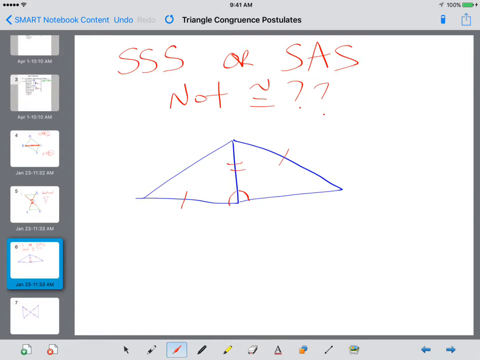And since there's already been one tick mark, I'm going to mark this middle one with two tick marks, meaning that I've got a side, angle, side in the left triangle. But the right triangle, when I start at that corresponding side, it goes side, side, angle. So you might notice that you have two sides and an angle, but they don't go in the correct order. So these two triangles would not be congruent.